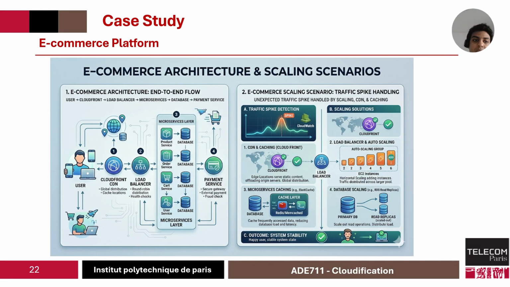So for the example case study, let's say we have an e-commerce platform, and this is the architecture. You have the user connected to the internet to use some services provided by our cloud, and we have a load balancer to manage the requests from all users.